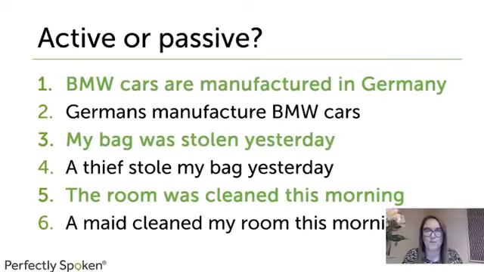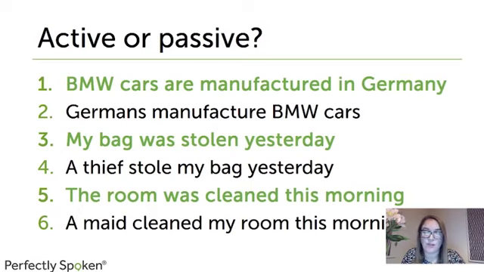Okay, so let's have a look at the sentences together. So sentence number 1, BMW cars are manufactured in Germany. Germans manufacture BMW cars. The passive sentence is the sentence in green. So the green ones are examples of passive sentences. BMW cars are manufactured in Germany.